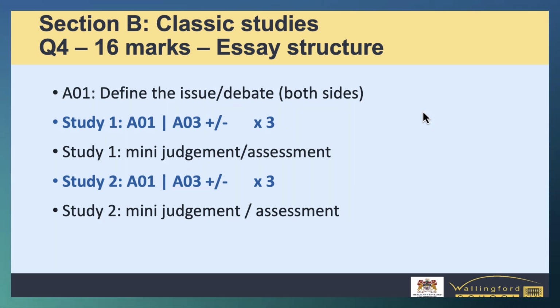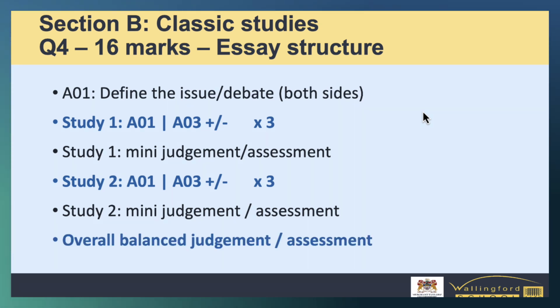So effectively, you are doing 2 essays in one. You don't need to compare the studies together. You don't need to start mixing them up. Keep them separate. And then you want a final overall balanced judgment or assessment, in which you can mention both studies, but you don't, again, need to compare them in any way, shape or form.